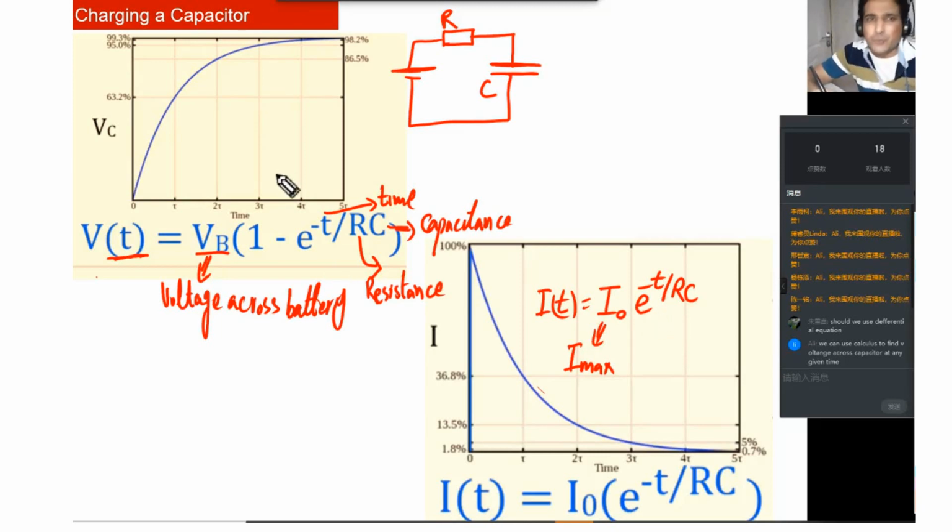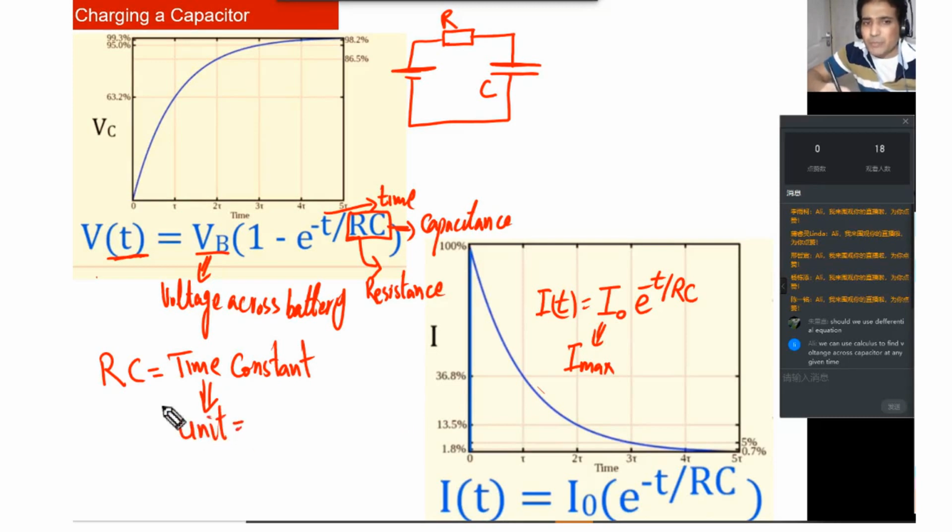But here are a few very important points you need to understand. Now you see here this RC. This is something very important. RC is the product of resistance and capacitance. We call this the time constant. So what is its unit?